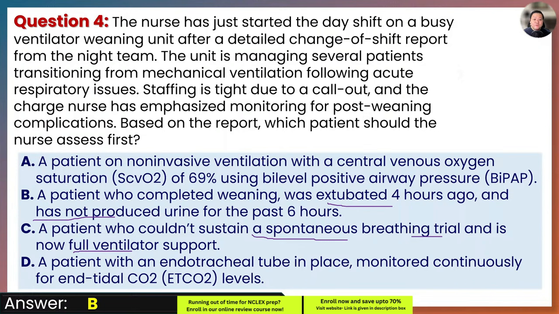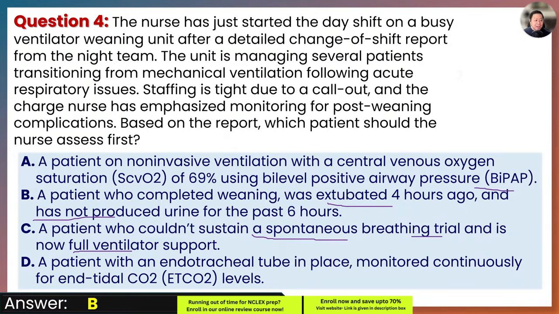Now, for the options that are incorrect, if you look into the other choices here, with the one that is on the BiPAP in option A, the patient still is receiving support. So it's not a patient that has a need for a critical intervention.